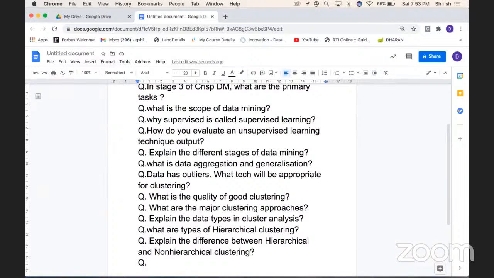How do you find the best value of K? Okay, let me put it for cluster formation.